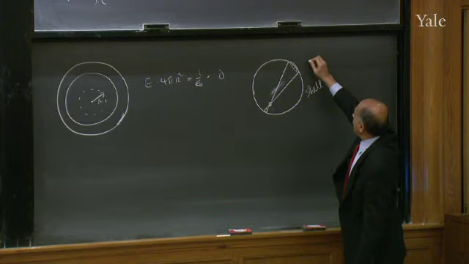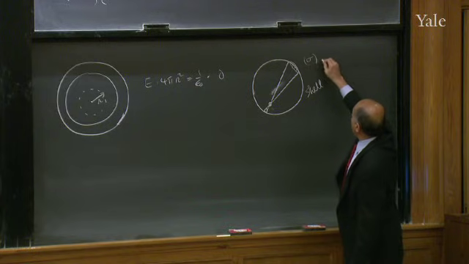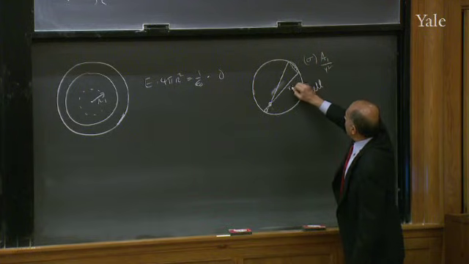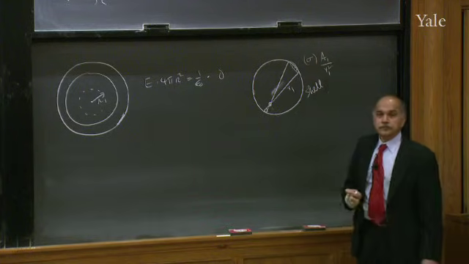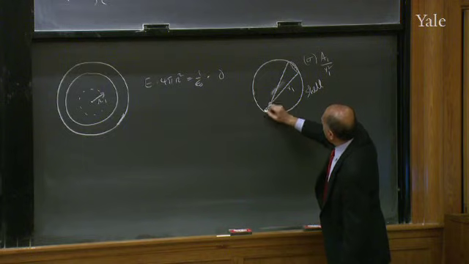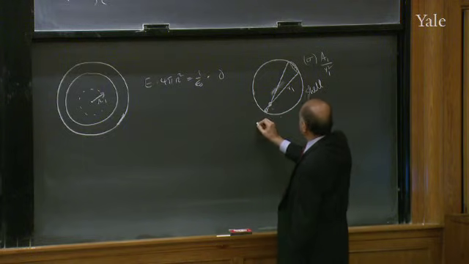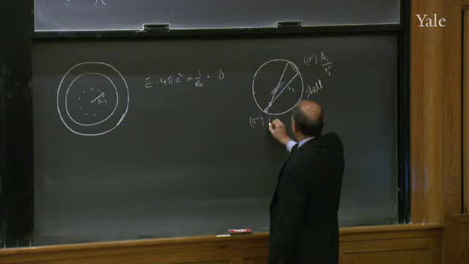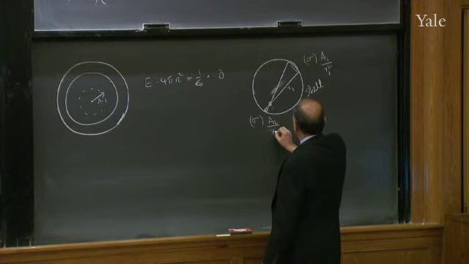They have a certain charge, which is some charge density, which is uniform, times the area of this thing, divided by the square of the distance r1. Here, these charges will push you to the right with a force, which is the charge density per unit area, times the area of the smaller circle divided by r2 squared.